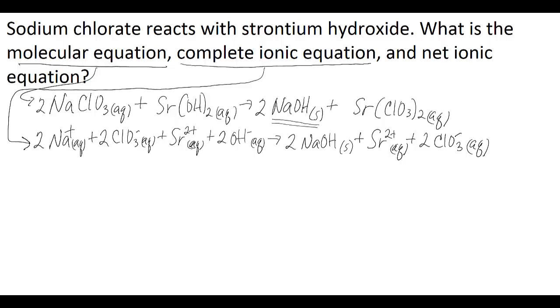And all of them will be doing that except the sodium hydroxide precipitate, which will actually be in solid form sitting at the bottom of your beaker as it precipitates out. So this is your complete ionic equation.